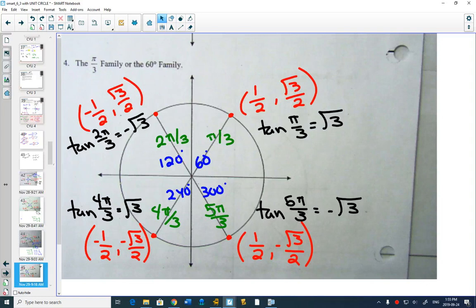He started this whole thing, but he hasn't answered yet, so it's fair game. Perfect. Sine of 5 pi over 3, negative root 3 over 2. So we start to see that it's really important that we have the big idea of the x-coordinate being cos of theta and the y-coordinate being sine of theta, because the data's here for us to be able to do that mental math quickly.